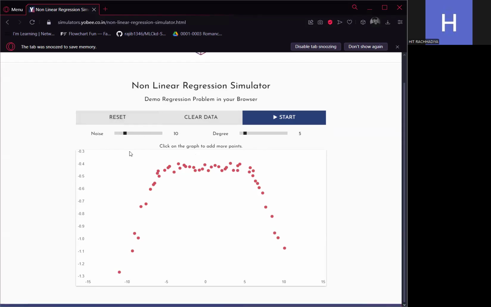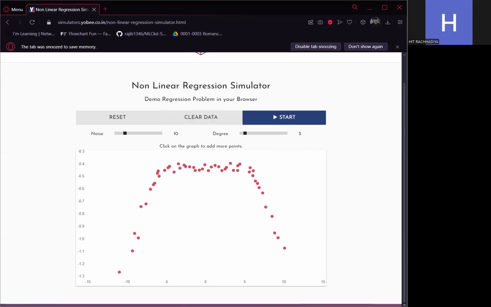In the simulation, we can see one parameter given besides noise, which is degree. This degree refers to the highest power of the independent variable in the equation.